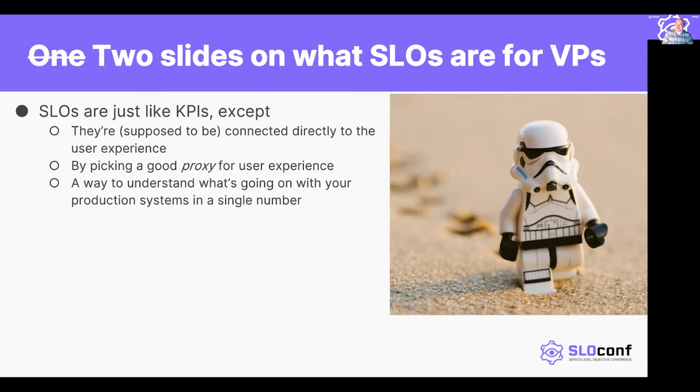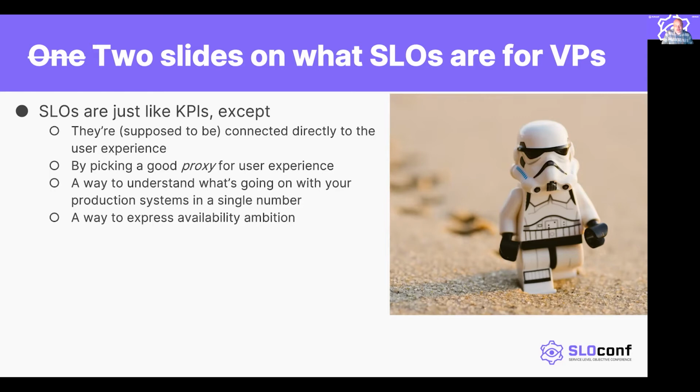Another way to think of SLOs in the context of KPIs is that they're a way to understand what's going on with your production systems in a single number. Of course, it's not just a single number, it's the metric in question, which can be more or less complicated to decide, but you're hiding a lot of detail underneath this metric and number combination.